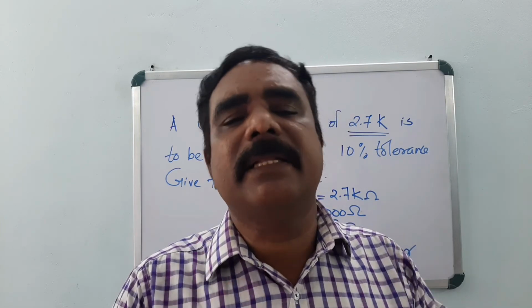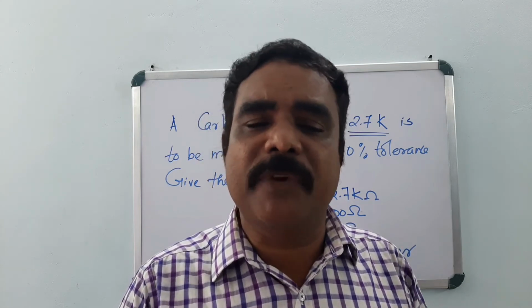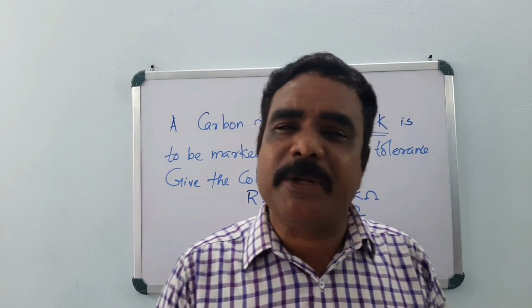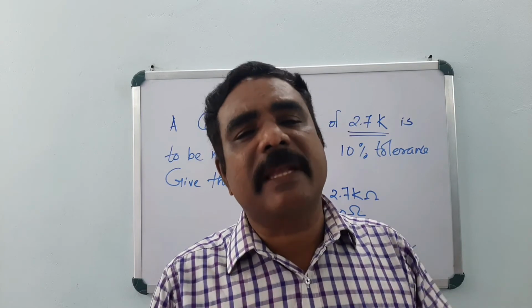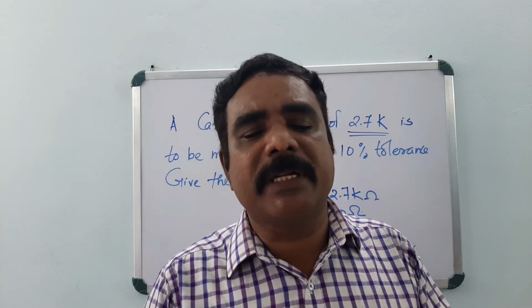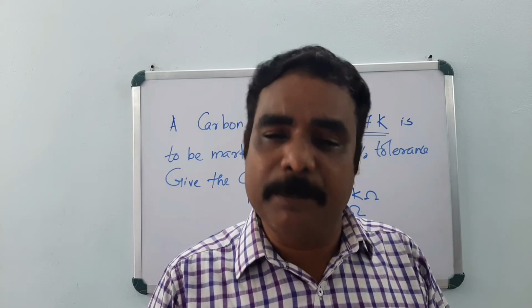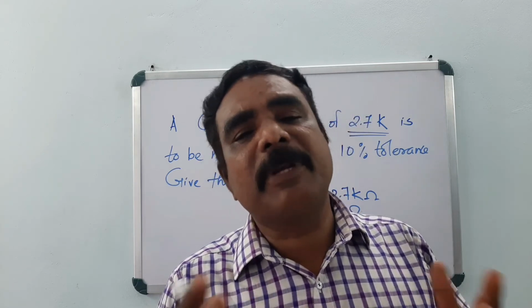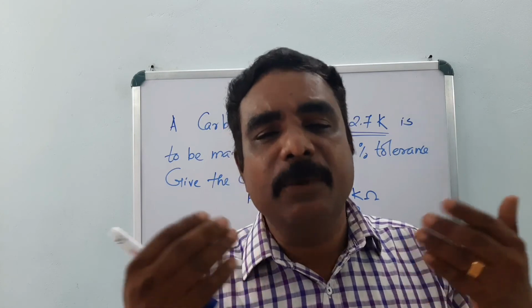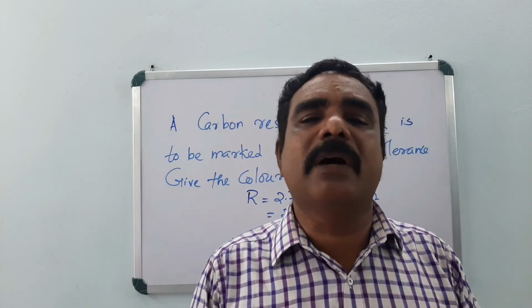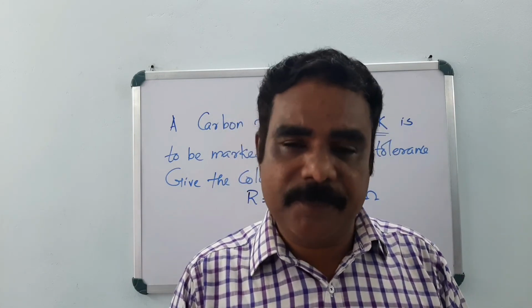We will add that tolerance percentage value to the calculated resistance to get maximum value. And we will subtract from the calculated resistance the tolerance percentage. Then we will get the minimum value. Sometimes the question, they may give the resistance value. We have to select the colored rings.